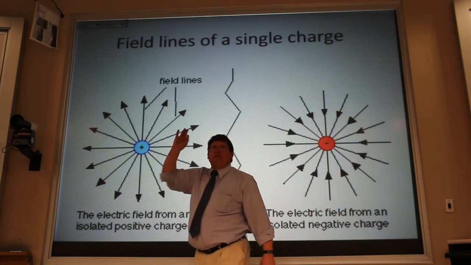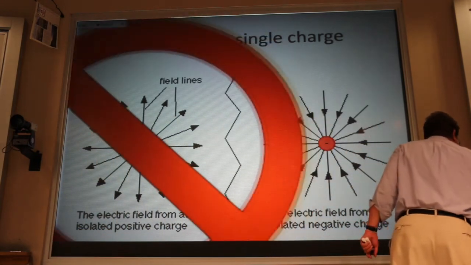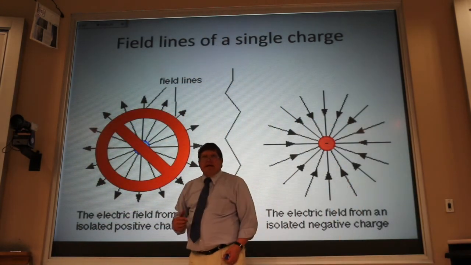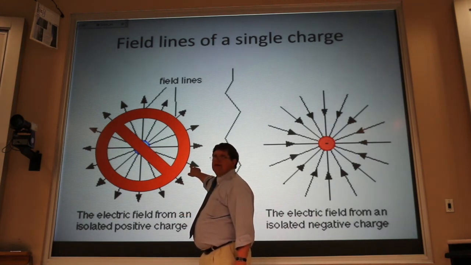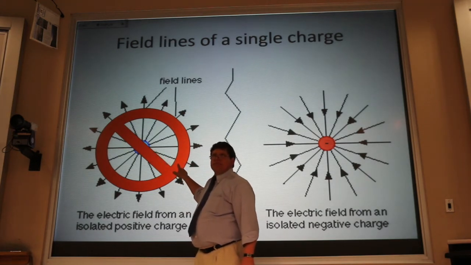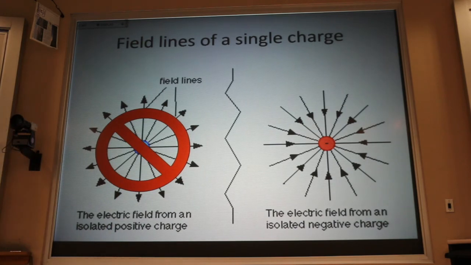Now, these pictures are from the competitions book, Cutnell and Johnson, that cost $250 that you did not have to buy. And I just wanted to point out that this picture is wrong. What's wrong about it is that they put the arrowheads at the end of the line. That makes them look like vectors. And vectors are different than field lines. An E-field vector only gives me the electric field at one location, at the tail of the vector.